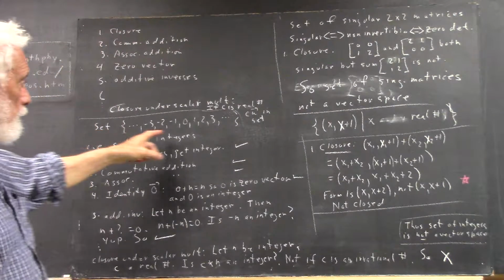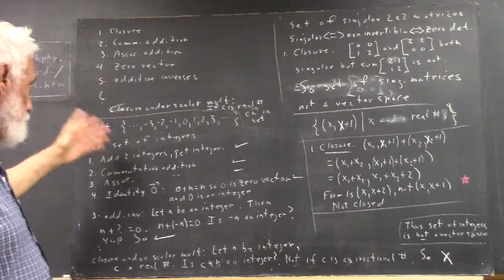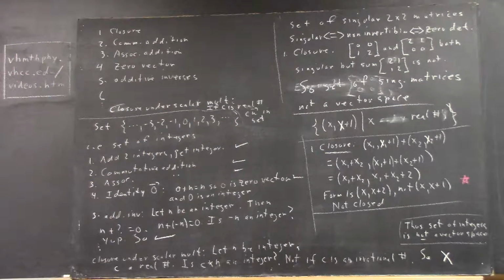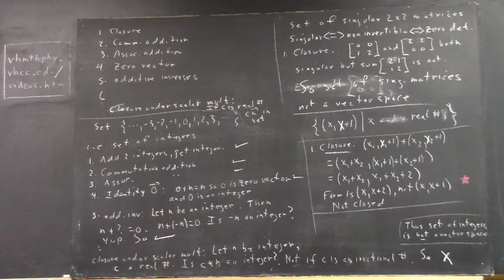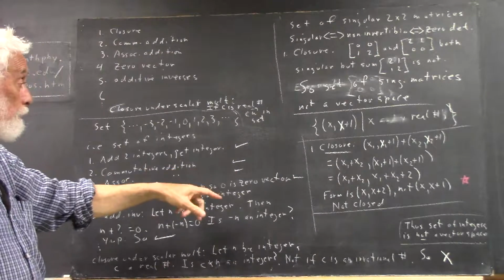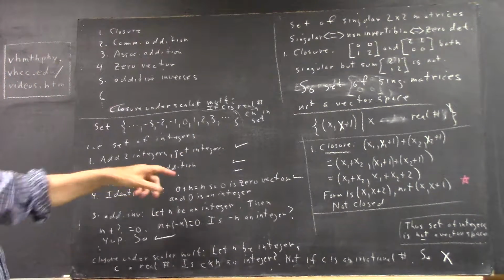We consider the set of integers, the set that consists of all integers. So we represent that set the way we've represented it here. This is a set of integers. Okay, so closure. That means if you add two integers, you get an integer. Well, that's certainly true. Commutativity of addition.